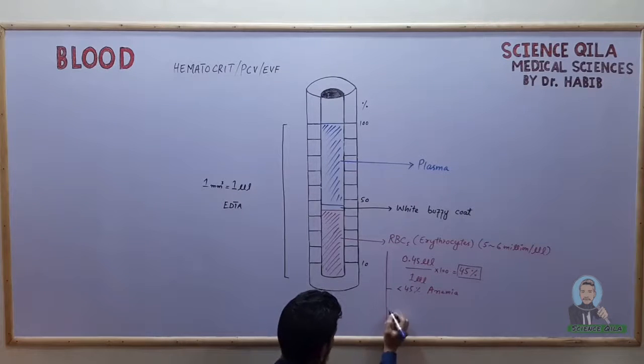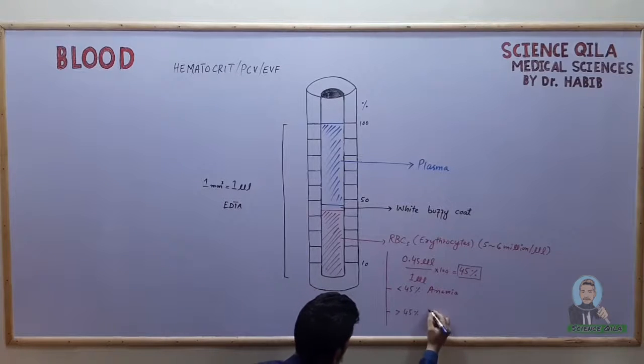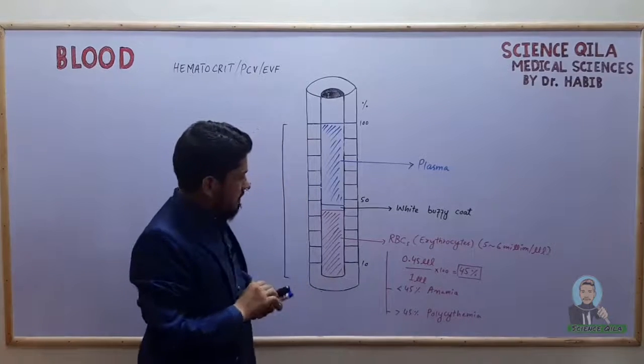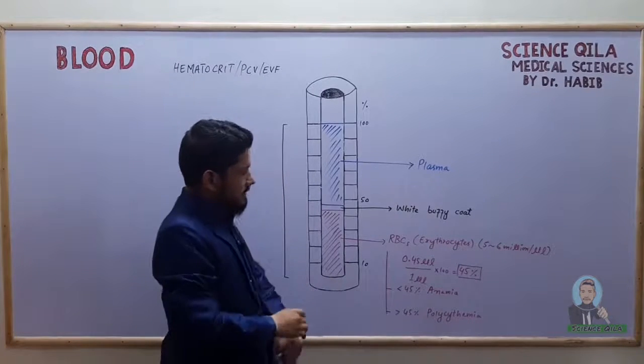And if he has more than 45% red blood cell count, we'll call this condition polycythemia. So this was all about the red blood cells or erythrocytes.